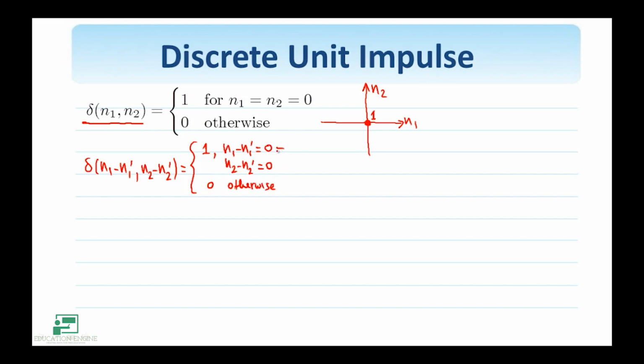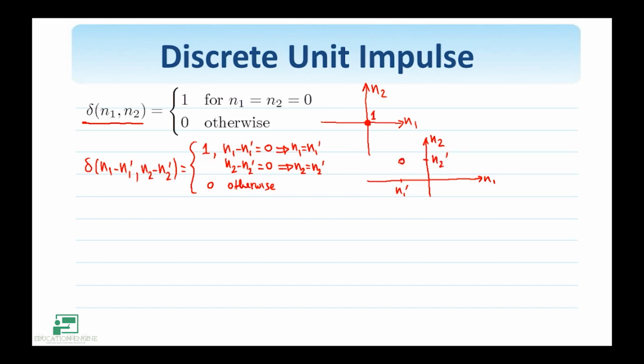So from here we see that it's 1 when n1 equals n1 prime and n2 equals n2 prime. So again, if I'm to sketch it, depending on the values of n1 and n2, I have not restricted them. So let's say n1 prime is here and n2 prime is here.